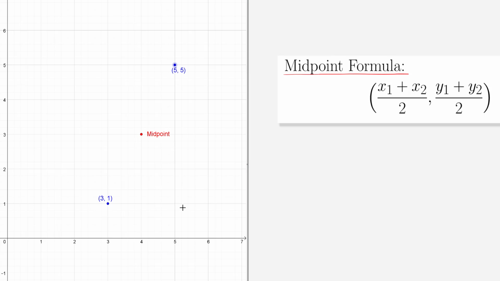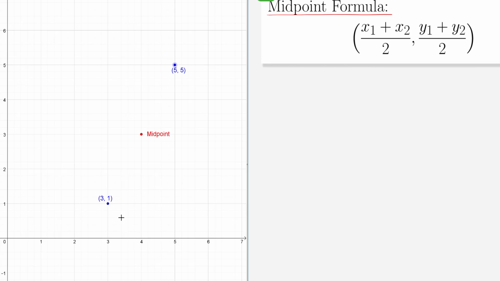So let's continue with our example. We had the point (3, 1) and the point (5, 5), and we wanted to calculate the midpoint, the point that's halfway between these two points. As usual, I label my first point (x1, y1) and my second point (x2, y2). Once you have those labeled, it's a case of filling into the formula.